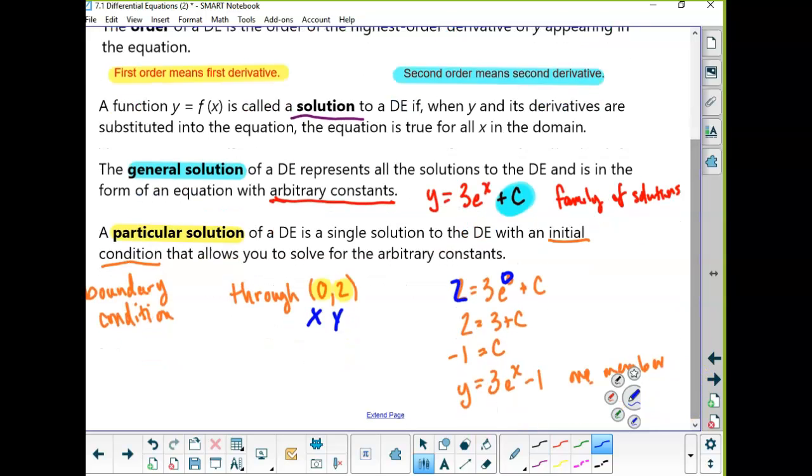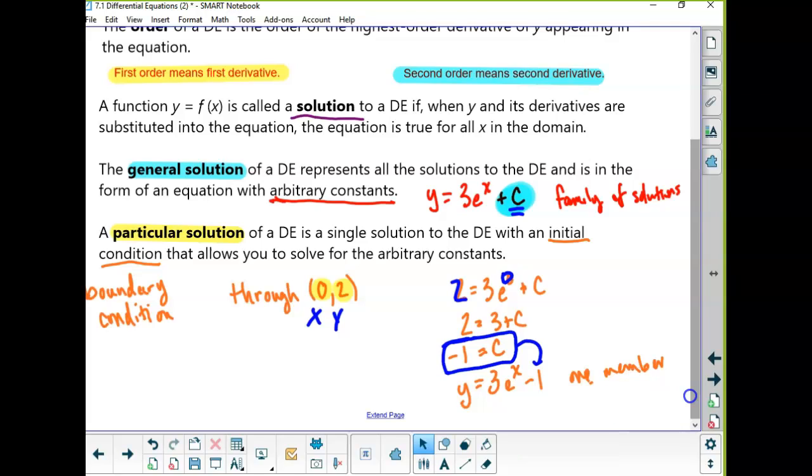We simplify, and we find the c value, and then we take the c value and we plug it in for whatever c is, and now I have my particular solution right here. So instead of a plus c, now this is a specific solution that goes through the given point 2, 0. So hopefully we're still doing all of that. The only difference is it's going to get a little more challenging now. Okay? And here's what we mean.